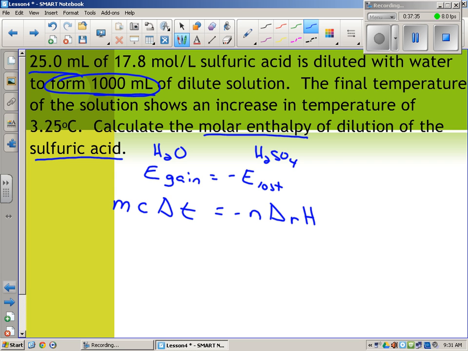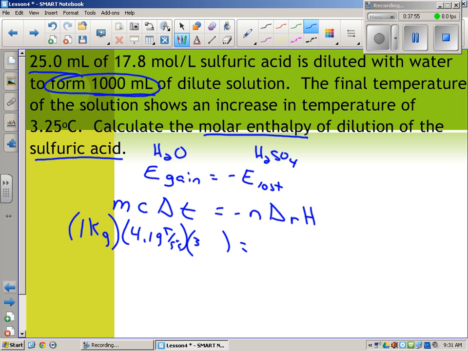So that's going to go here for the mass. 1,000 milliliters is 1,000 grams, which happens to be 1 kilogram, yes? So a kilogram of water. C, 4.19 joules per gram degree Celsius, and it showed me an increase of 3.25 degrees Celsius, yes?